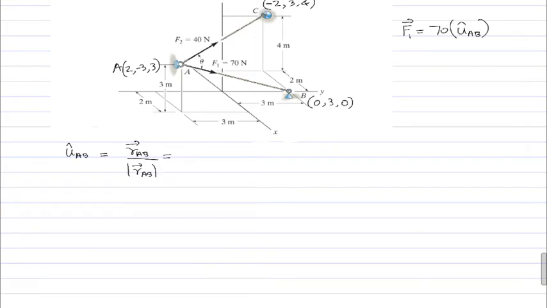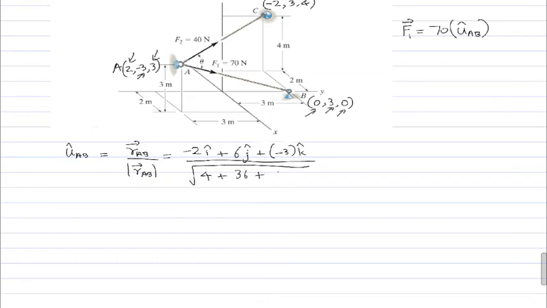The position vector AB is 0 minus 2, which is minus 2i, plus 3 minus minus 3, which is 6j, plus 0 minus 3, which is minus 3k. That is divided by the square root of 4 plus 36 plus 9, squaring 2, 6, and 3. What you get is that the unit vector in the direction of AB is negative 2 over 7i plus 6 over 7j minus 3 over 7k.